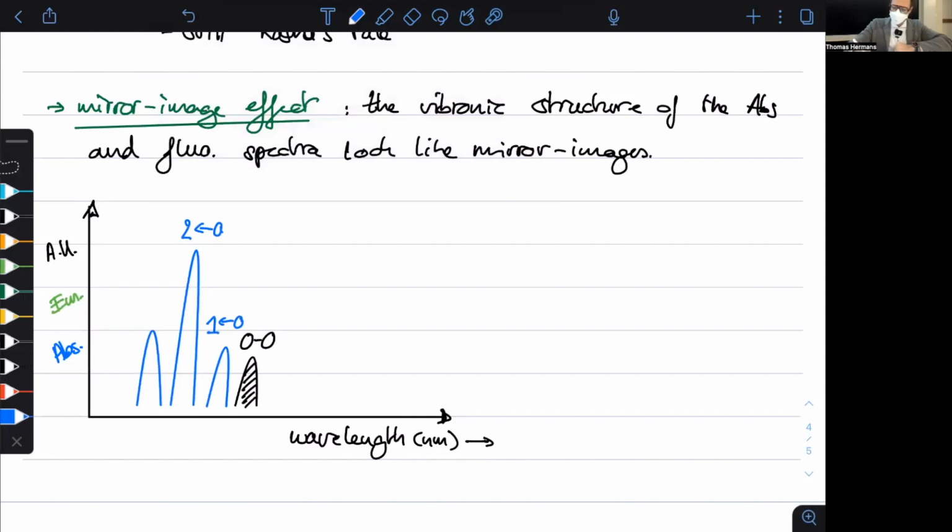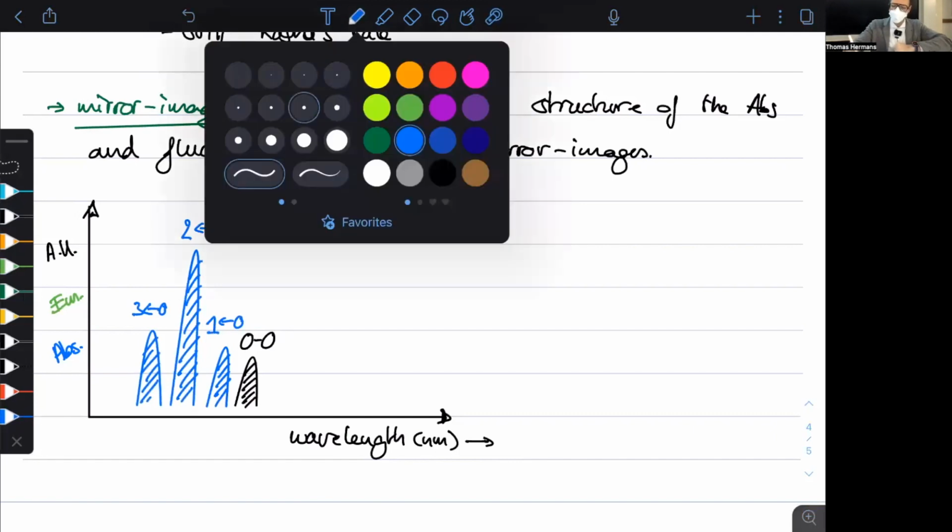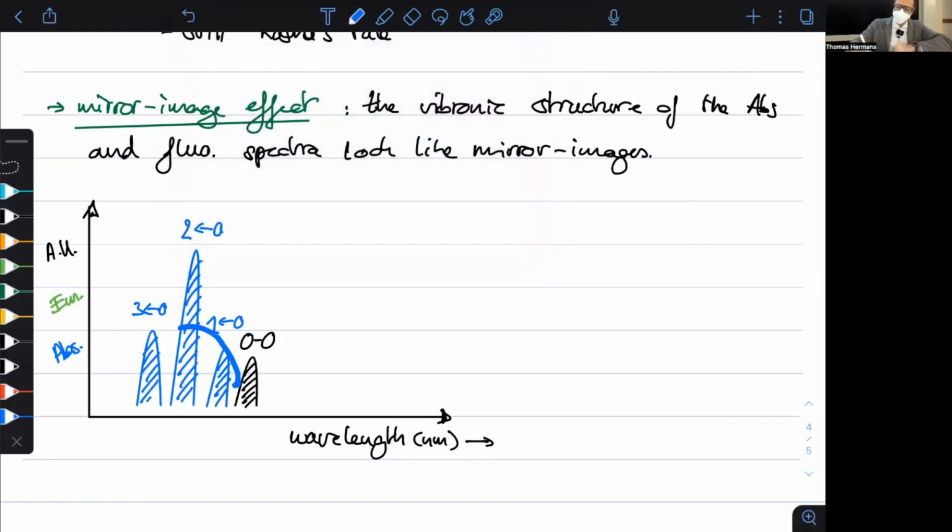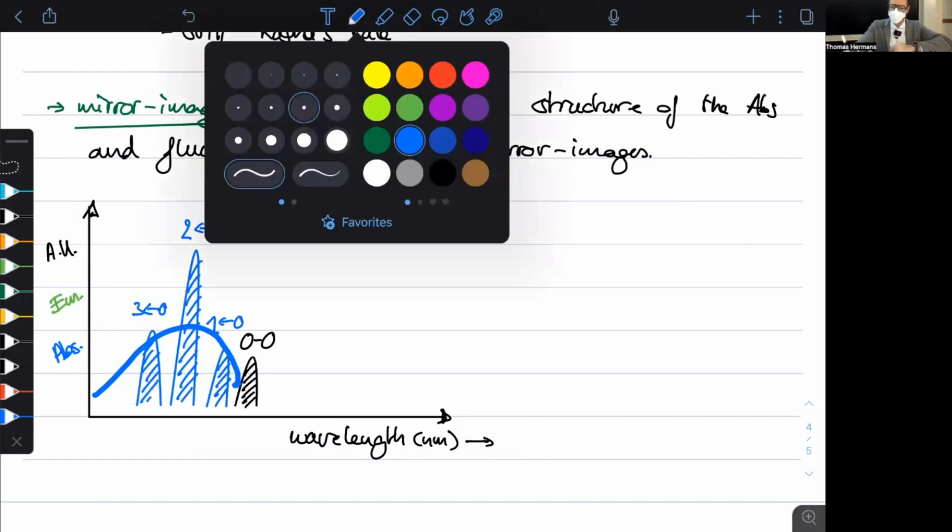Each of these things has a very well-defined energy. Very well-defined energy means very sharp peaks. So if you put a molecule in the gas phase at very cold temperatures, you will see very sharp lines. If you put things in solution, it will broaden. So in your spectrum, you will see this thick blue line, this is in solution.